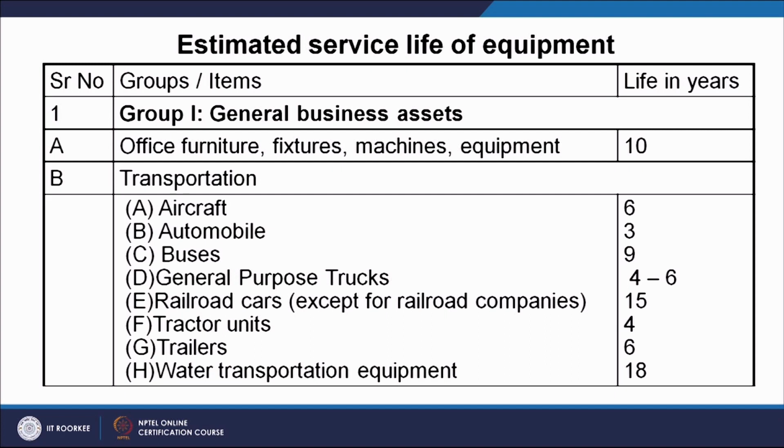For transportation, aircraft has a useful life of 6 years, automobiles 3 years, buses 9 years, general purpose trucks 4 to 6 years, railroad cars except for railroad companies 15 years, tractor units 4 years, trailers 6 years, and water transportation equipment around 18 years.